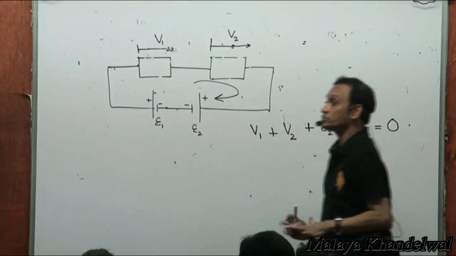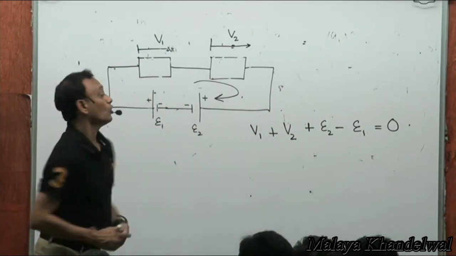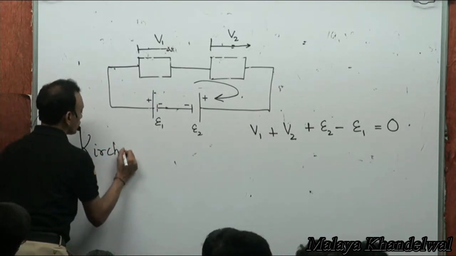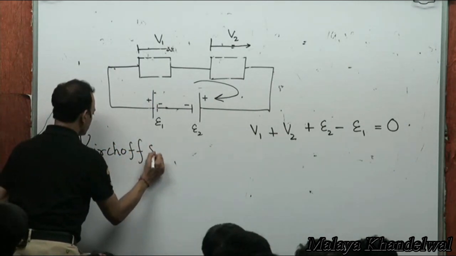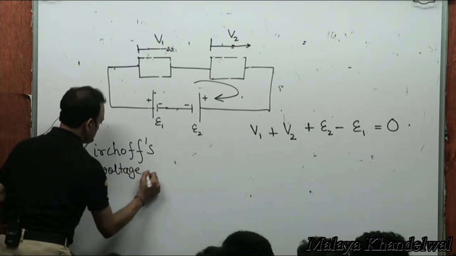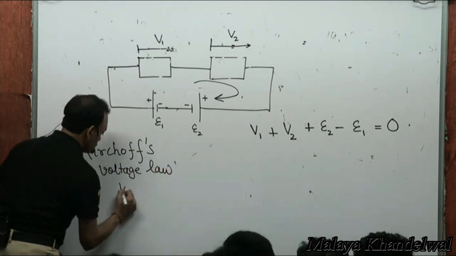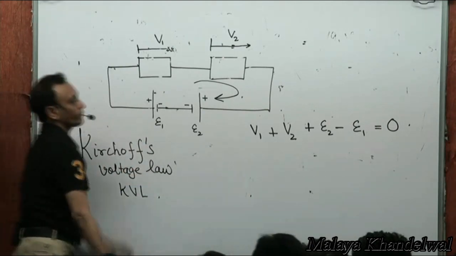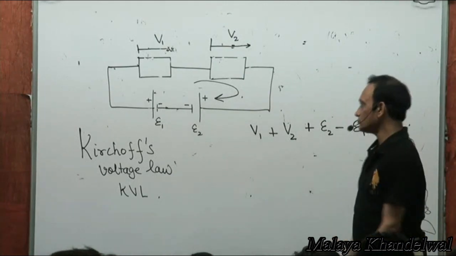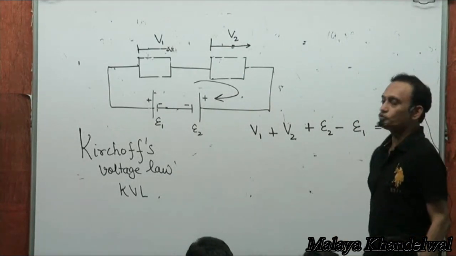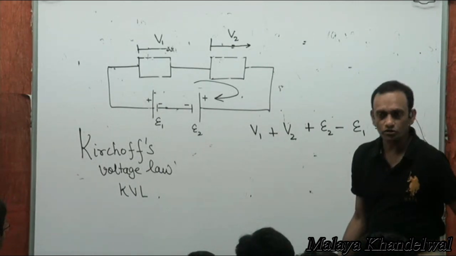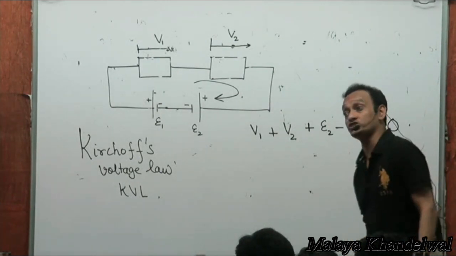This essentially is what is referred to as KVL or Kirchhoff's voltage law. So this we would apply to all kinds of circuits, at any given instant of time, be it steady state conditions or non-steady state conditions.